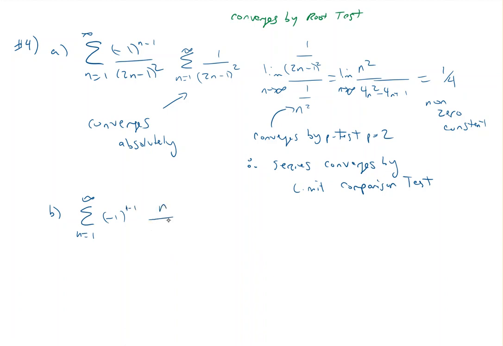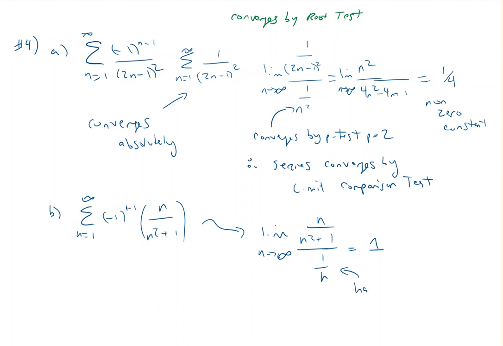This is a great example where I look at this one right away, and I know it's not going to absolutely converge. The reason I know it's not going to absolutely converge is by the limit comparison test. I see n over n squared, and I immediately think n over n squared is just like 1 over n. And this limit is going to equal 1. And therefore, these two will converge or diverge together.